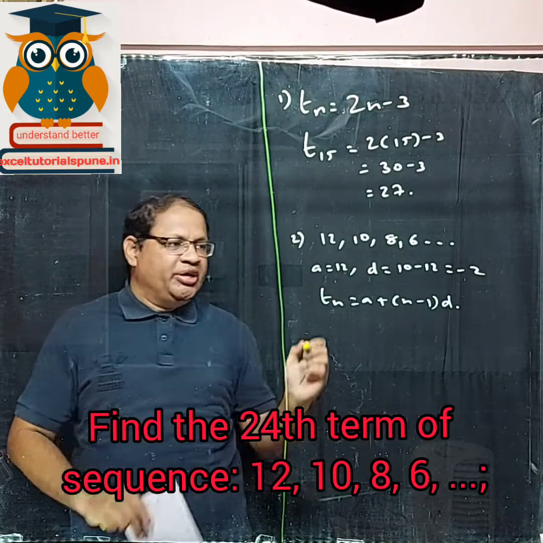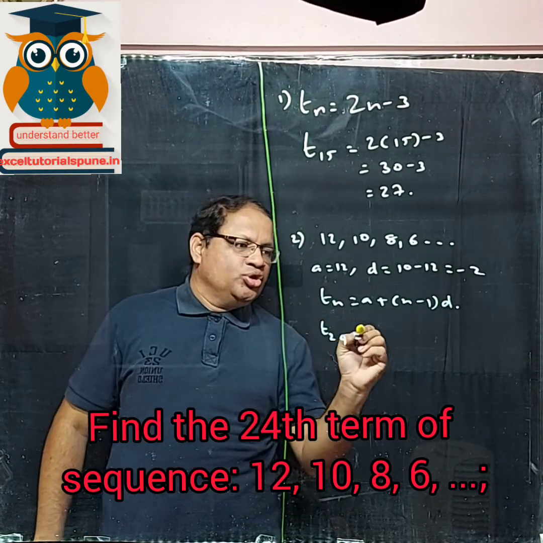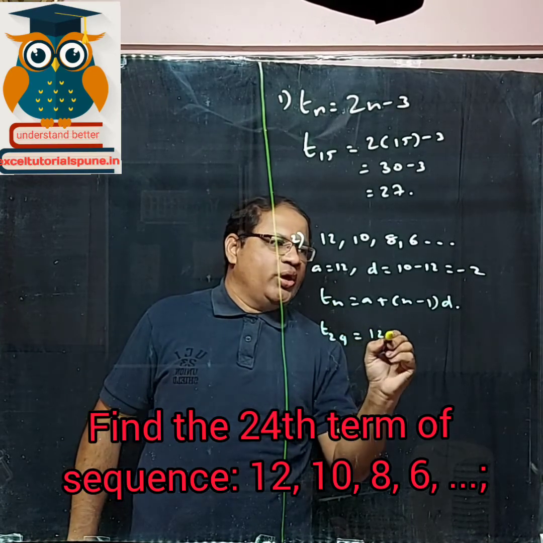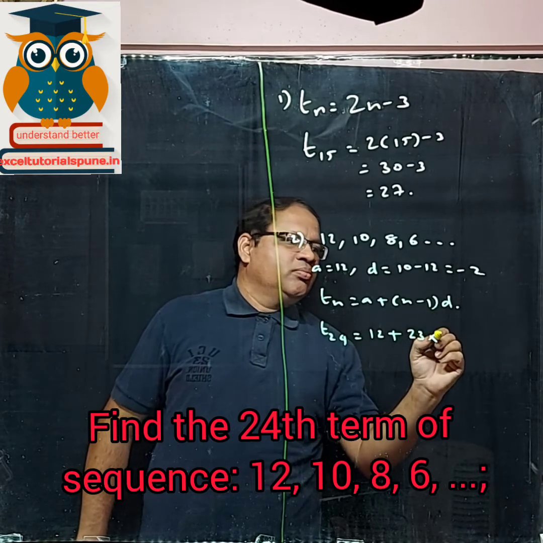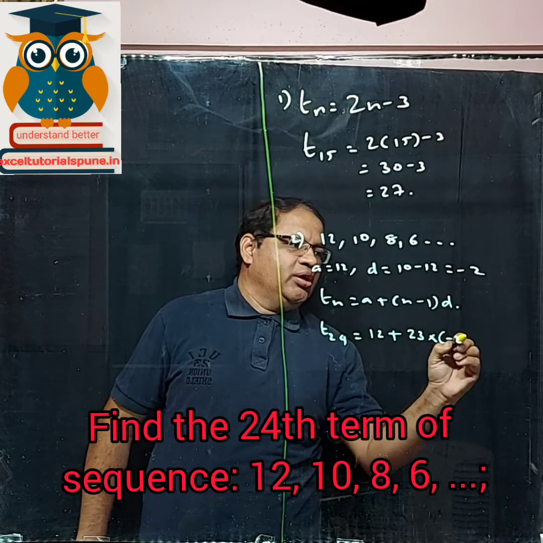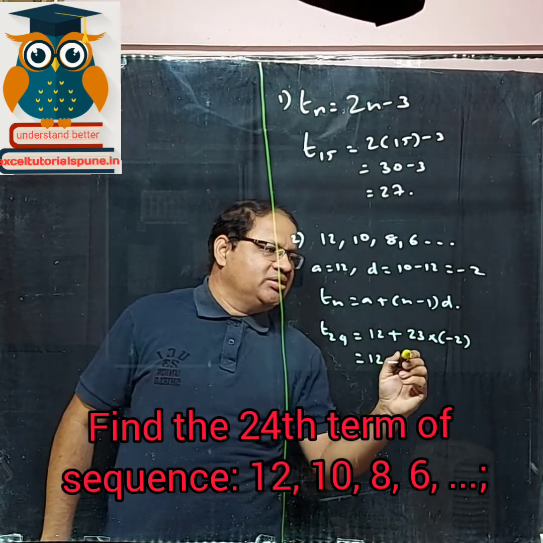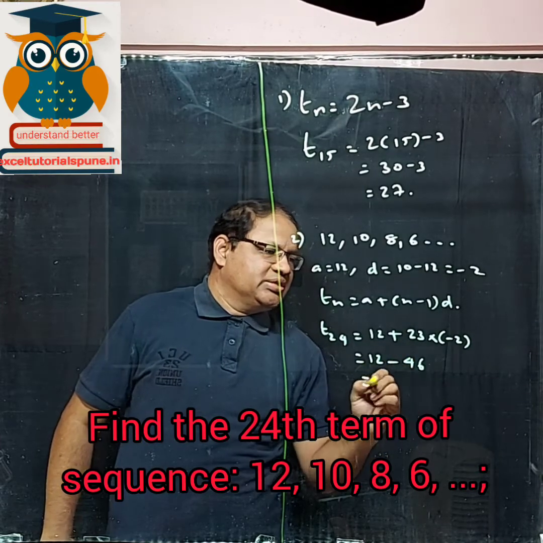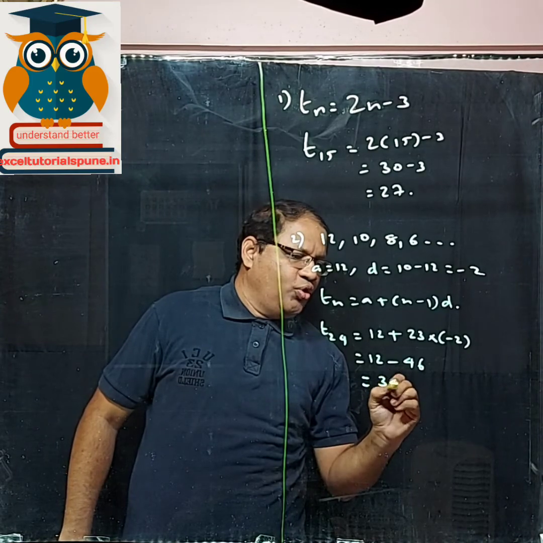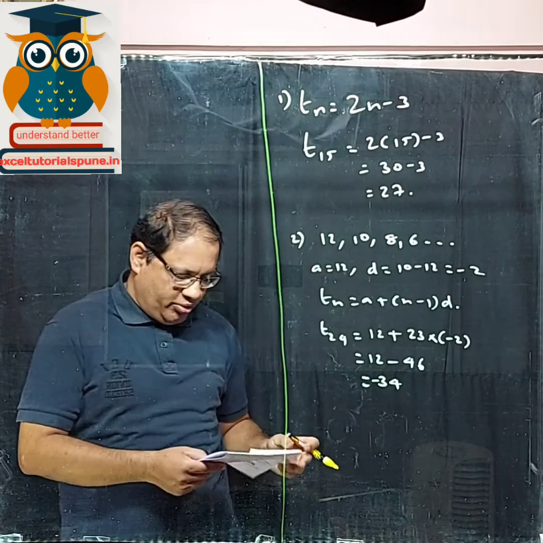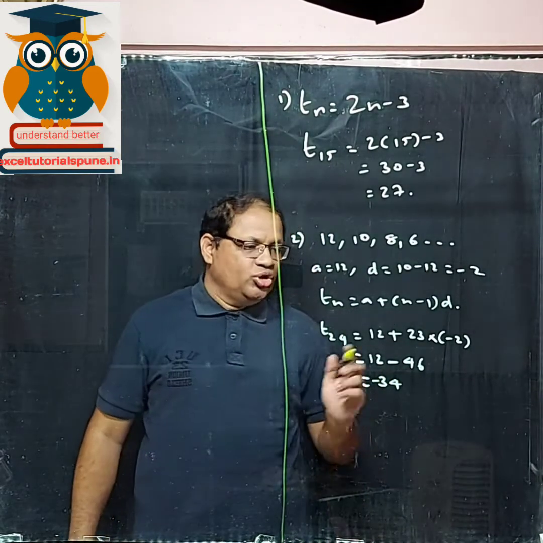Now they want the 24th term. So n is 24, A is 12, 24 minus 1, 23, into D is minus 2. So it will become 12 minus 46. That comes to minus 34. Alright, so that's the answer.